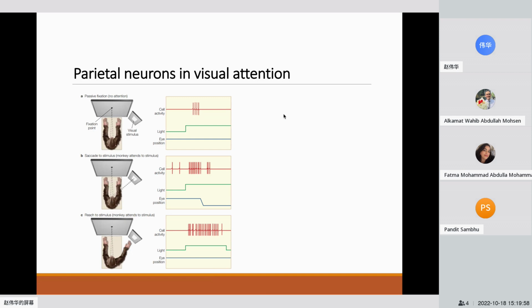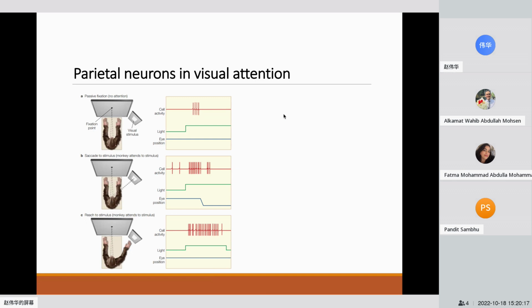In this session, over the next several slides, I will introduce how the parietal cortex works during visual attention. This is from an animal study.